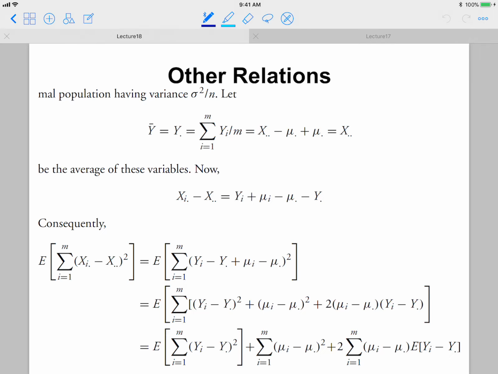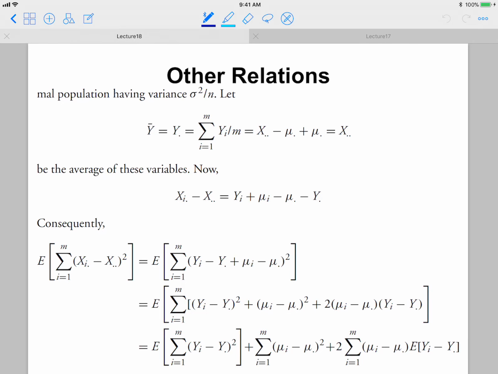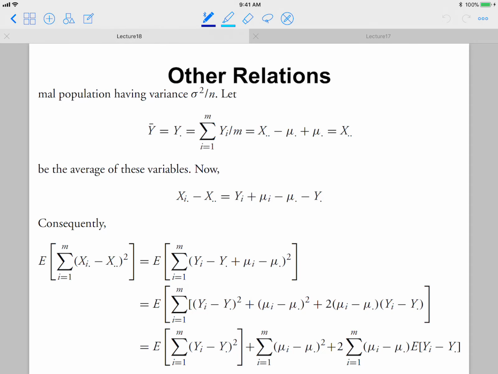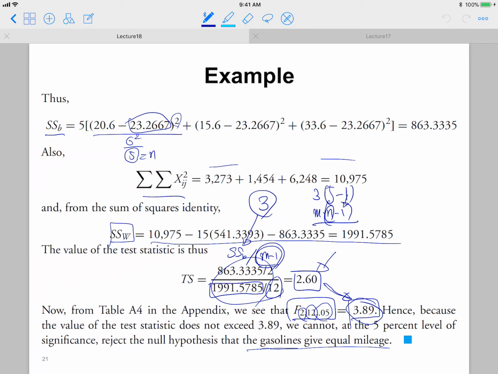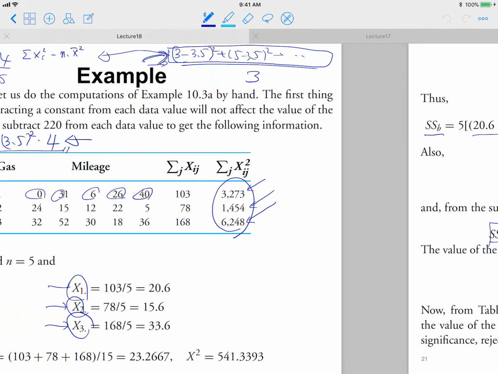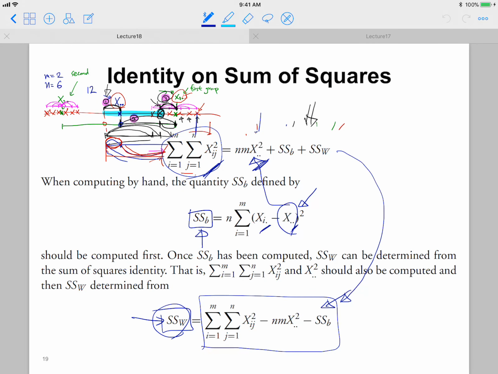I'll just skip this part, and I think you should be able to easily follow it. But I think it's more important to have an intuitive understanding about why it should be an overestimator of this sigma squared, and also an intuitive understanding about this equation.